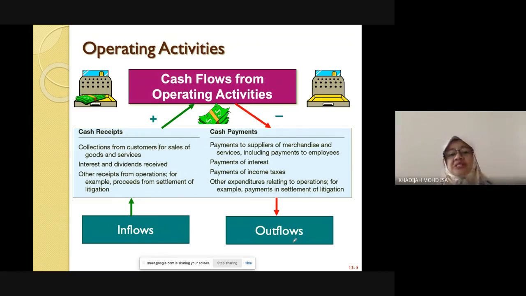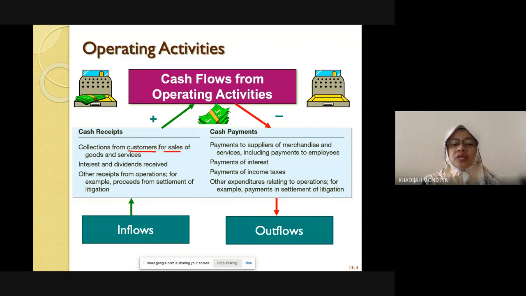So the cash receipt from operating activities, in this case, cash inflow comes from who? From your customers or from sales of your goods and services. So whenever you sell to your customer or whatever you receive from your accounts receivable, that will be cash receipts or cash inflows. These fall under operating activities, right?